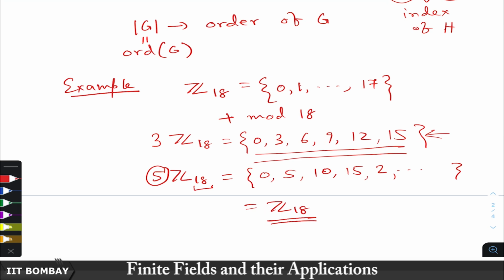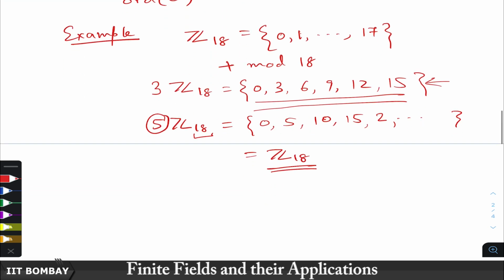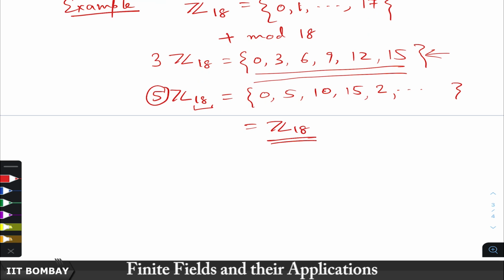Right. Now, we have discussed cosets. Now, we will discuss a very nice and easy process of determining if a given subset of a group forms a subgroup or not.